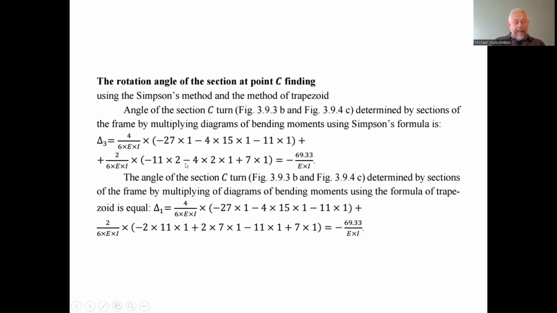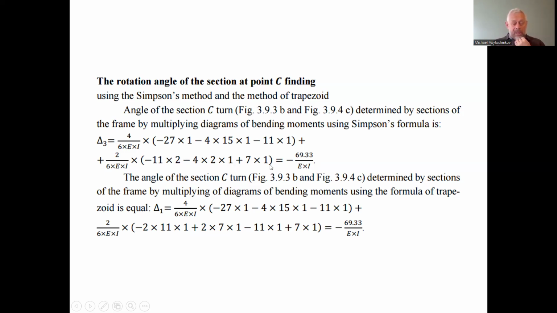In the middle, we have the magnitude of the bending moment diagram at the action of the external load. We assume the linearity of this diagram, and we find in the middle that the magnitude of the bending moment is equal to 2, and minus 1 is the magnitude of the diagram of the bending moment at the action of the unit moment.